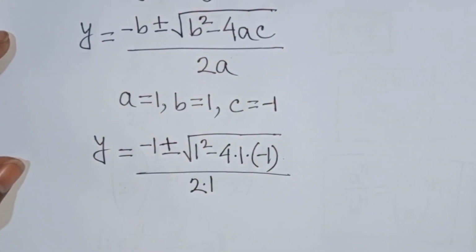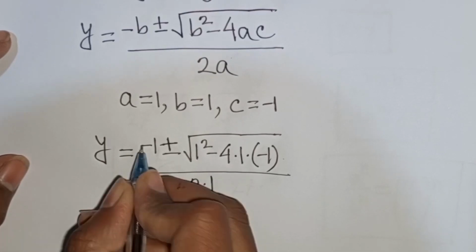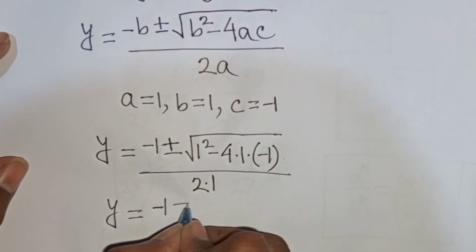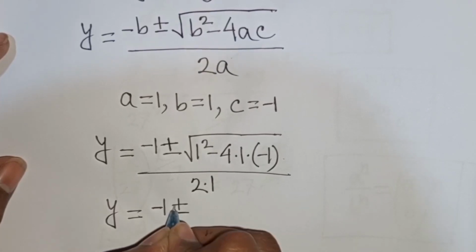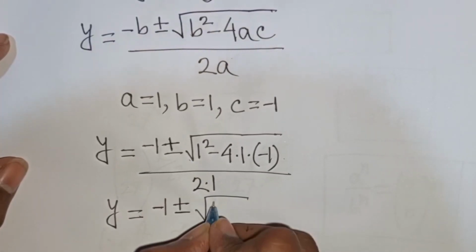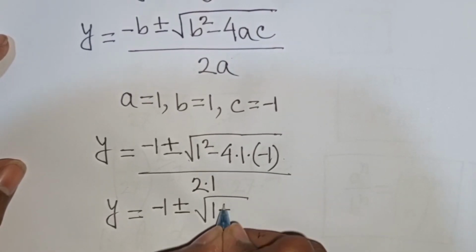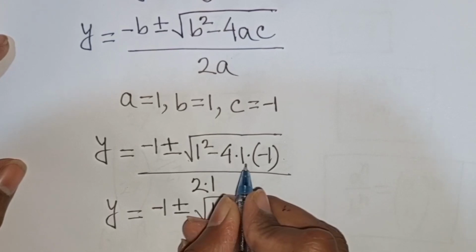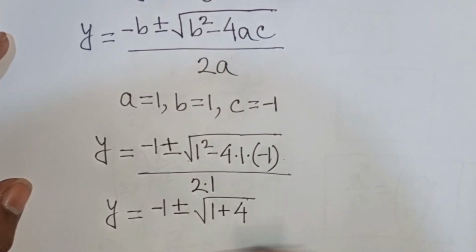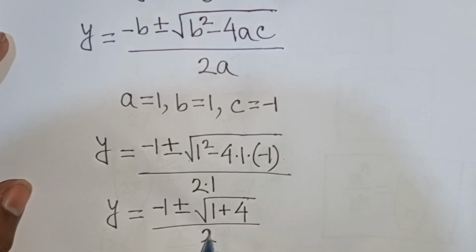Now y is equal to minus 1 plus or minus square root of 1 square is same as 1, then minus times minus, that means it will be plus, then 4 times 1 times 1, that means it will be 4, then divided by 2 times 1, that means 2.